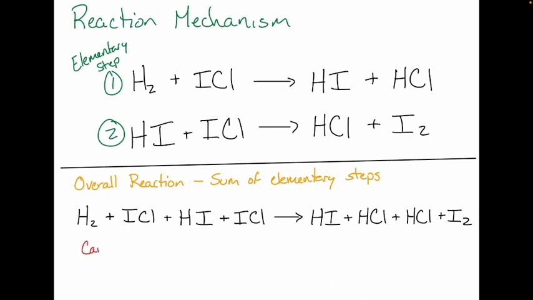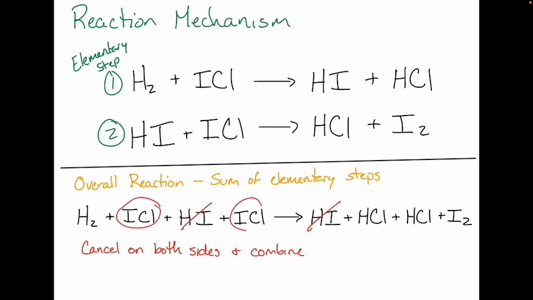And now we're going to go through and cancel things that appear on both sides. And we can also combine. All right, so for example, if I look here, I have HI on both sides, so that will cancel out.